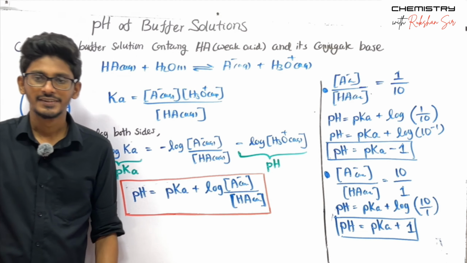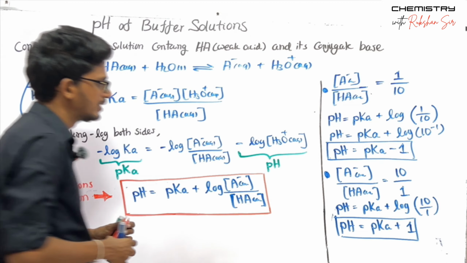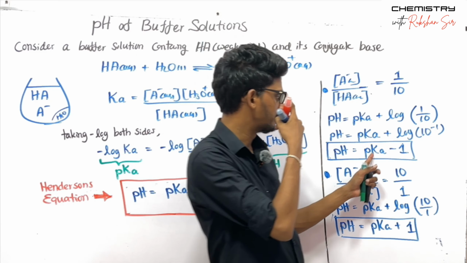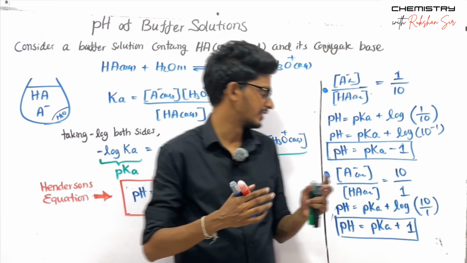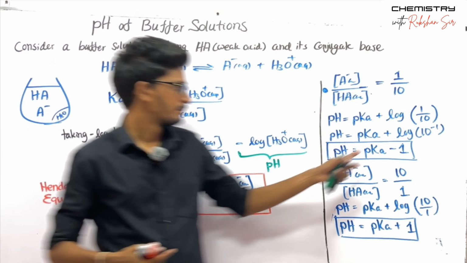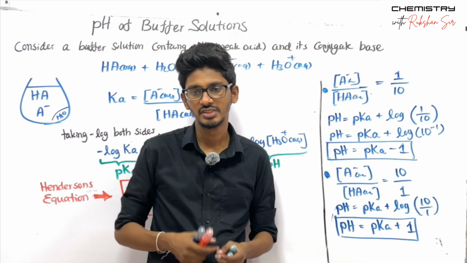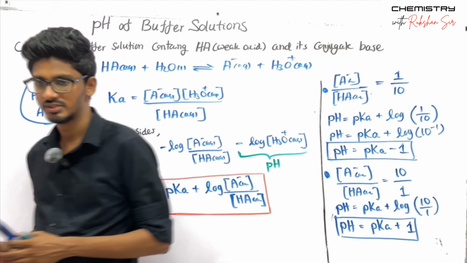So the buffer action can be observed around the pKa value of the buffer solution of the weak acid, and it is around pKa plus or minus 1. That is a range that is referred to as the buffer range.